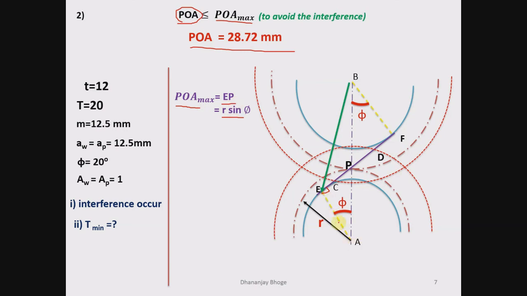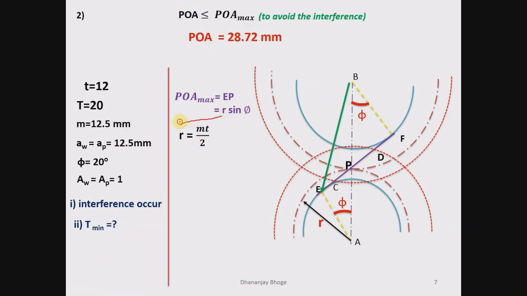And from triangle AEP we have EP is equal to small r into sin of phi. आता phi is with us, which is 20 degrees. What about r? Small r कसा काढणार? mt by 2.